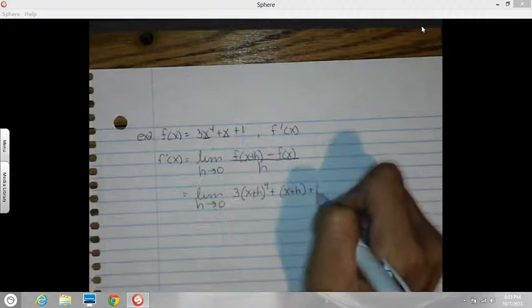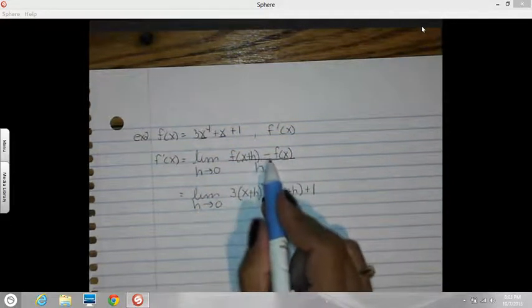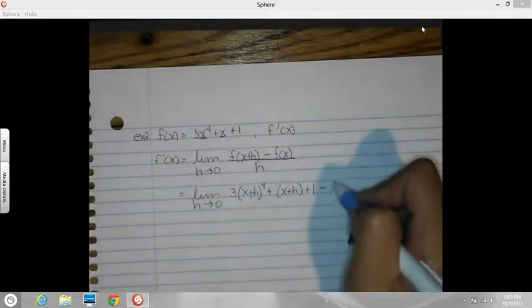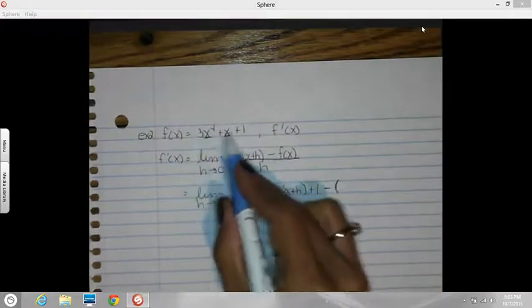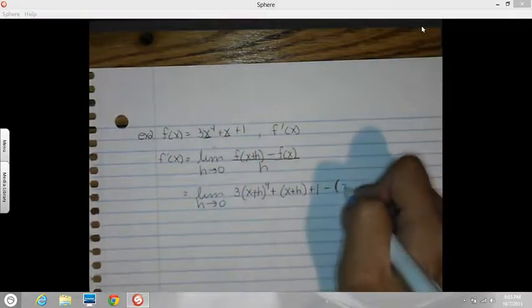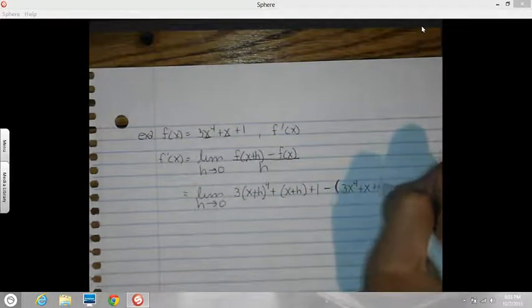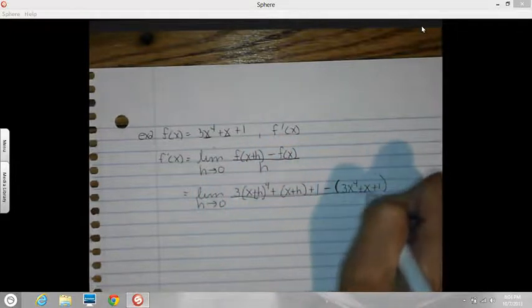And then plus 1. Okay, all of that is the f of x plus h. I still have to go do minus f of x, minus, remember the parentheses here, because there's usually more than one term, and there's 3 of them here, and you've got to subtract all parts of it. So it's 3x to the 4th plus x plus 1. All divided by h.